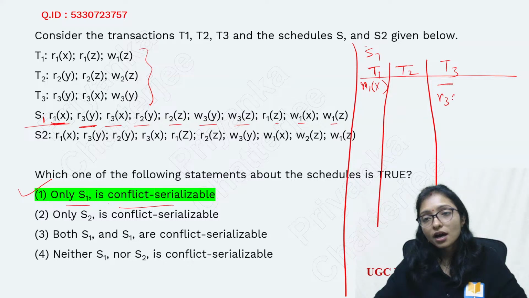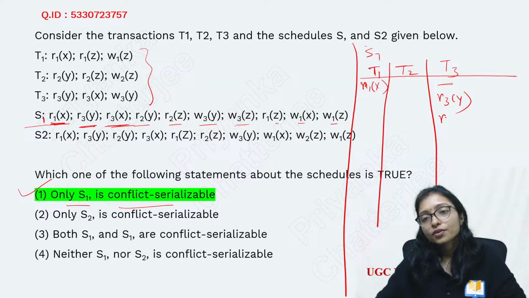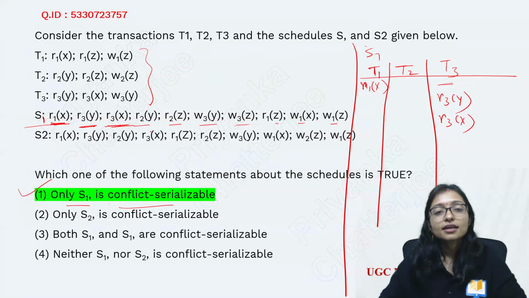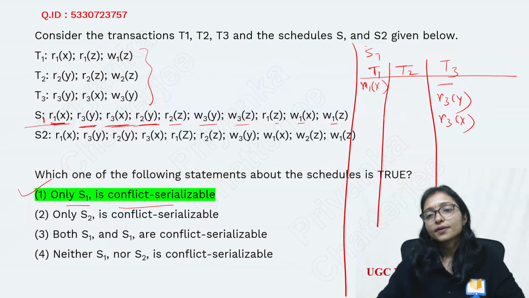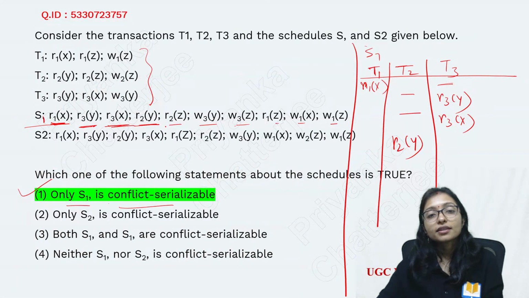After that here R3X, then here R2Y. So here write down R2Y. Leave it blank, otherwise your answer will be wrong. Then here R2Z.